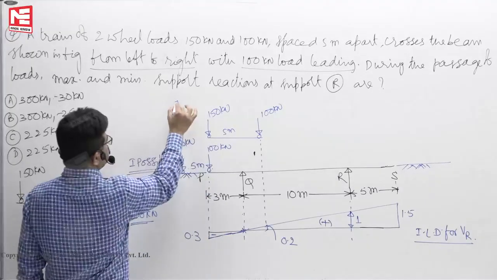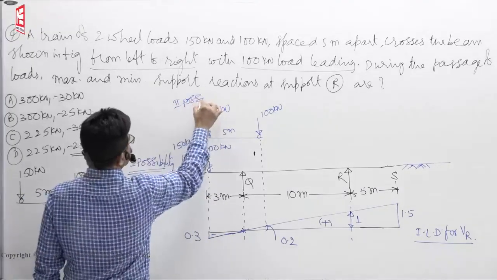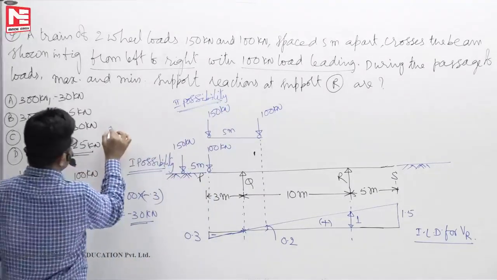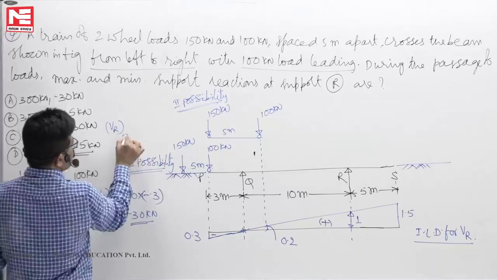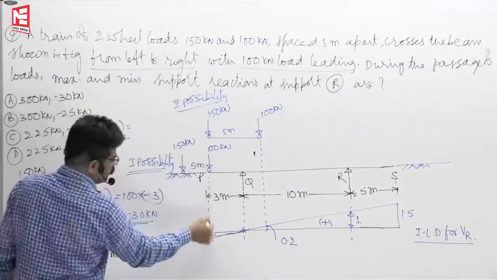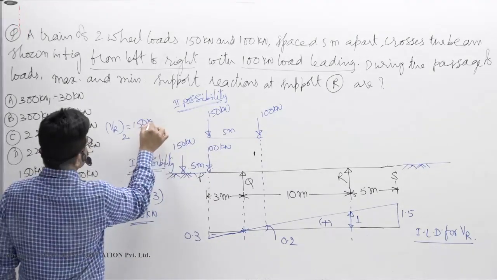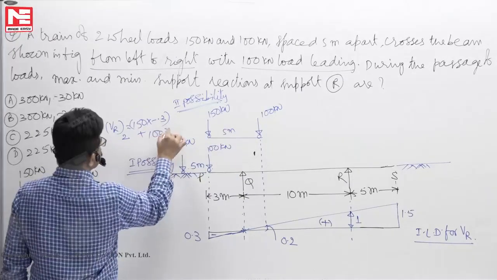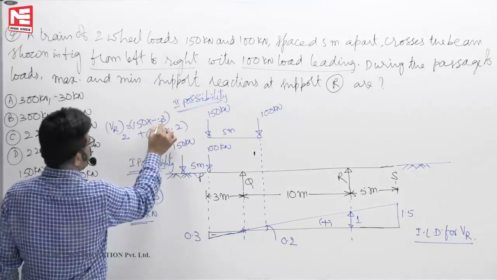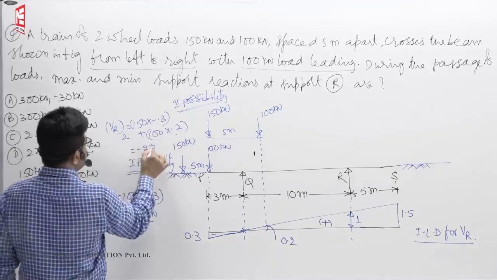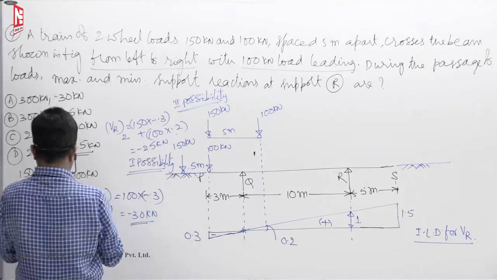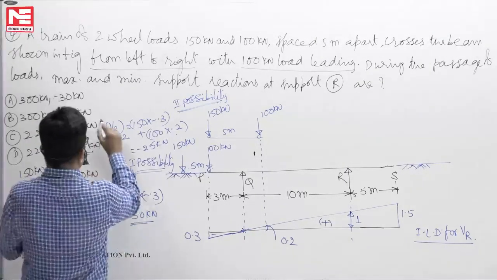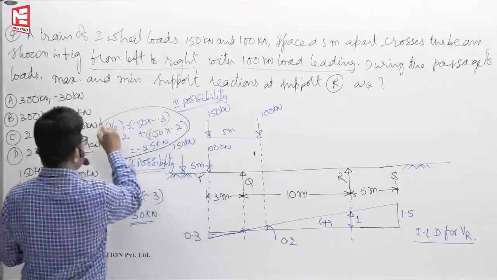For the vertical reaction at the second possibility: 150 into minus 0.3 plus 100 into plus 0.2, minus 45 plus 20, minus 25 you will get.